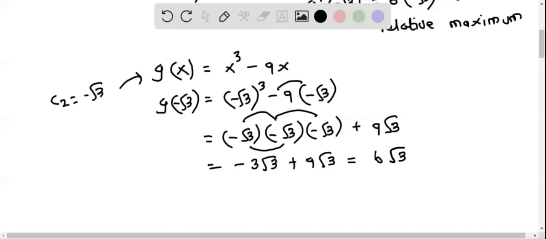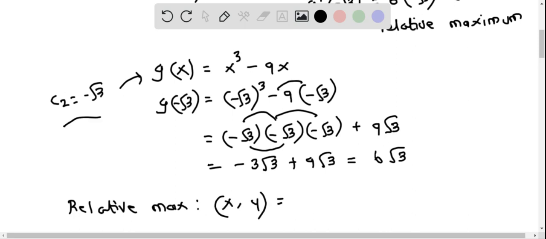So this is the coordinate of the relative maximum. It equals x comma y, where x is the second critical point, negative root 3, and y is the maximum value, 6 root 3.